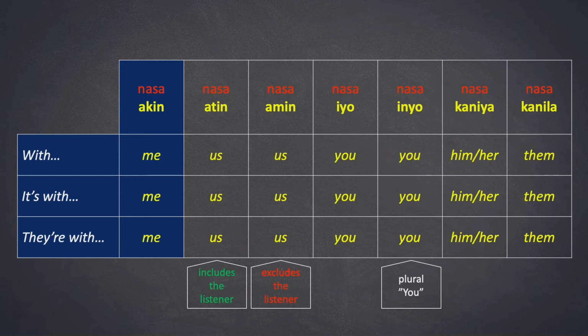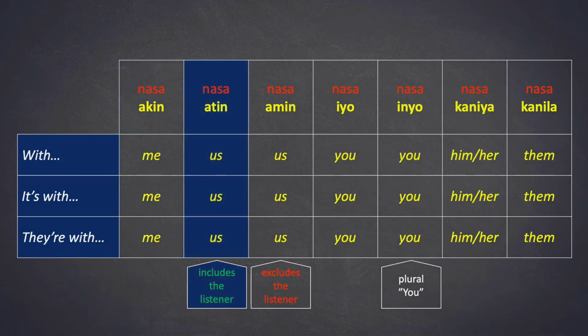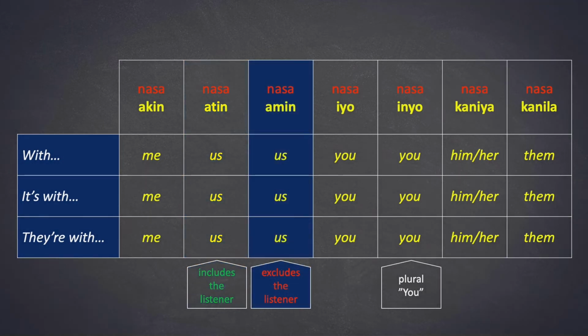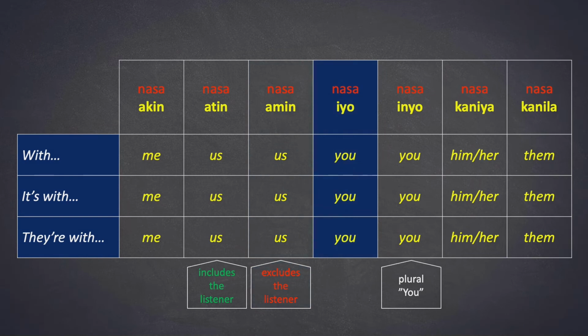Now, by inference, you can shorten any of these sentences into nasa akin. Depending on the context, it could mean with me, it's with me, they're with me. Nasa atin. With us, it's with us, they're with us, including the listener. Nasa amin. With us, it's with us, they're with us, excluding the listener. Nasa iyo.